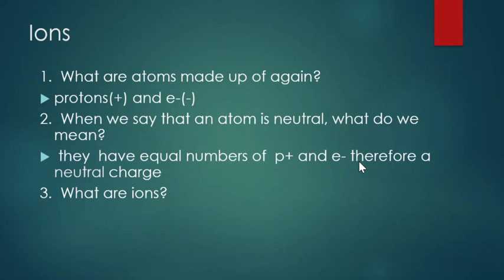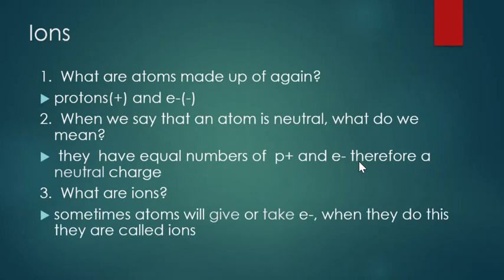What would cause an atom to have a charge? Differing amounts of protons and electrons. Not quite what I'm looking for, but pretty dang close. Basically, an atom that has given up or taken electrons, that's an ion. That is what we call an ion.